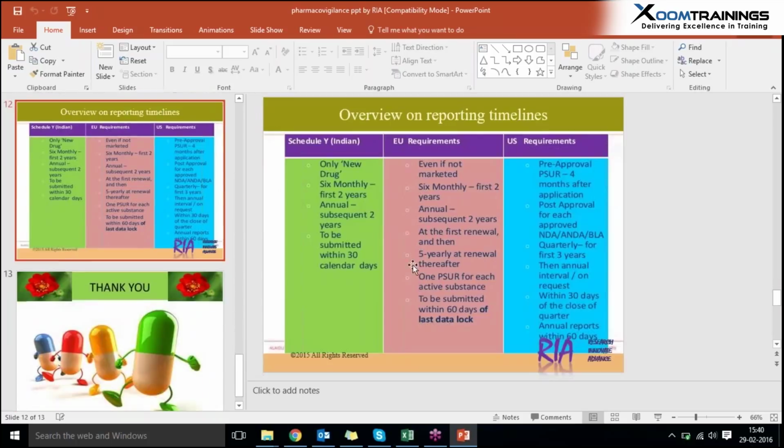And depending upon the country, how we have to submit the data and report the adverse events: monthly, 6 monthly, yearly, 30 days on request, 60 days on request, for each and every country. There will be some guidelines, and according to the guidelines, we are going to report the adverse events. These are about pharmacovigilance.